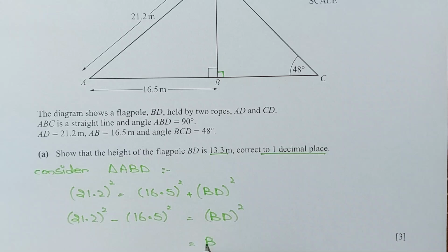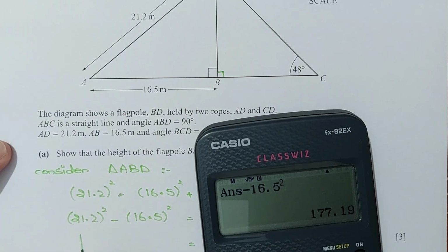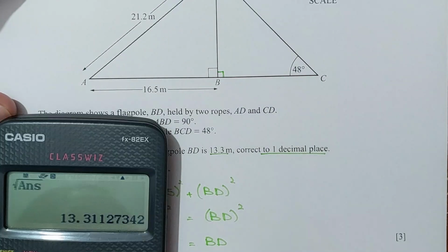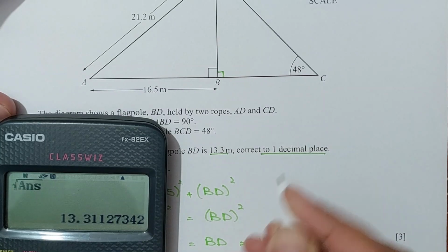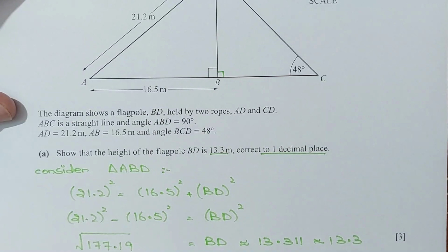So to get the value of BD, we have the square root of 177.19, which equals 13.311. Up to one decimal place, this is 13.3 centimeters.